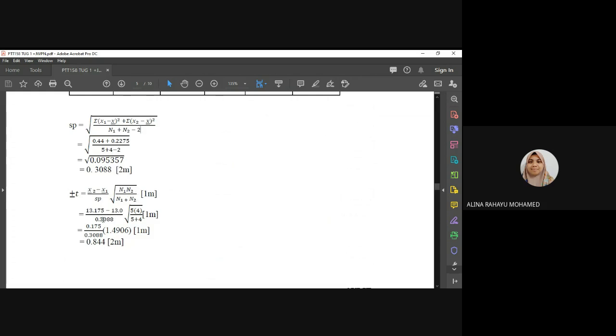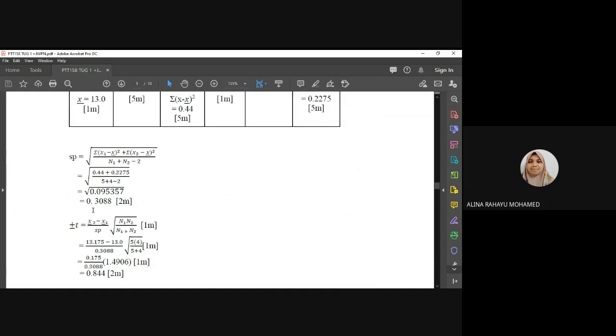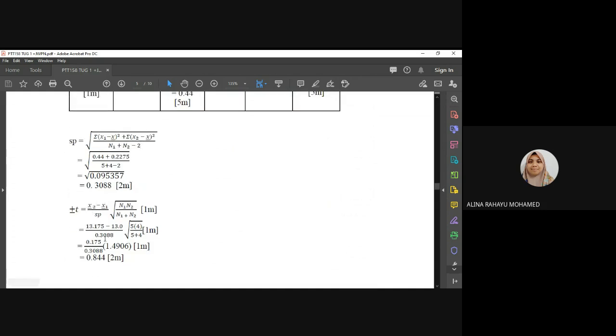So x2 bar is 13.175, x1 bar is 13, pooled standard deviation is 0.3088, and the square root of 5 times 4 over 5 plus 4. We get 0.844.